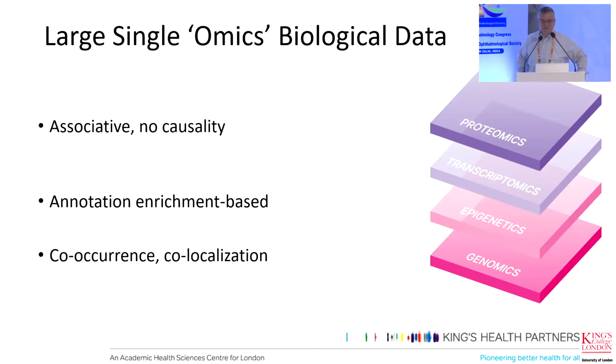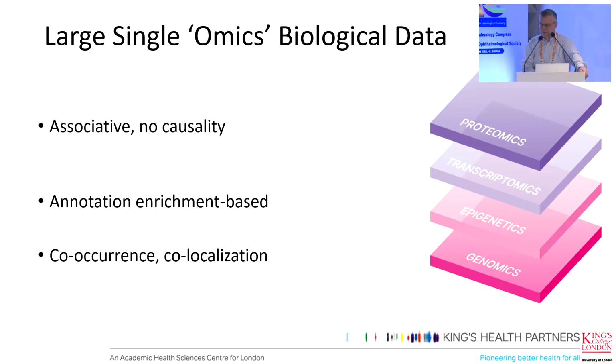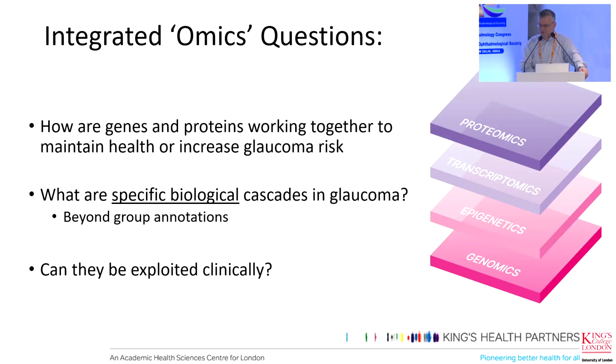And this is not just genetics data. Every single large omics biological data analysis has the same limitation. These findings tend to be associative in nature, so they tell us little about causality. They are annotation or enrichment-based, and they heavily rely on co-occurrence and co-localization with little thought about causality.